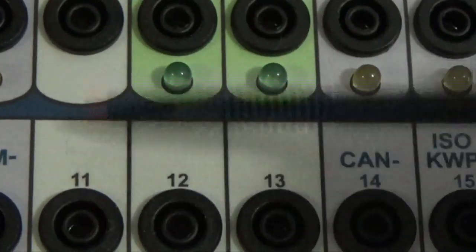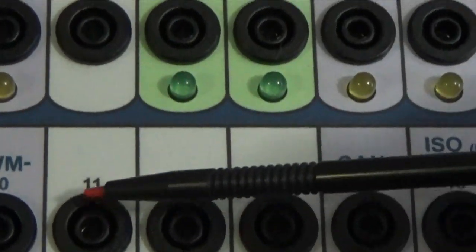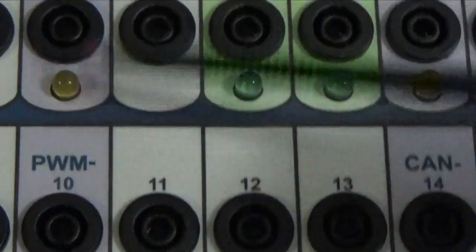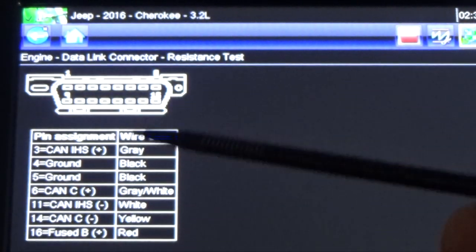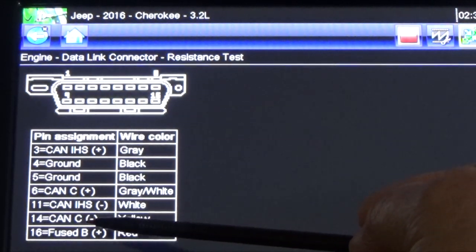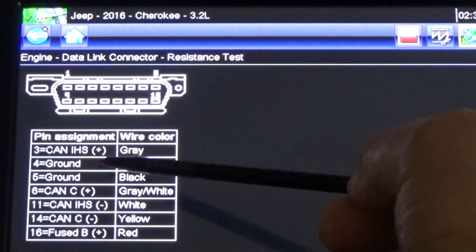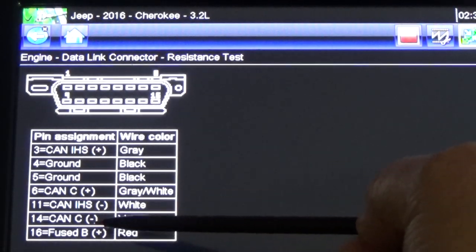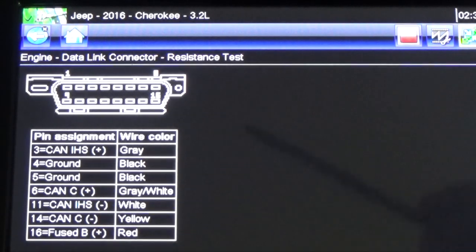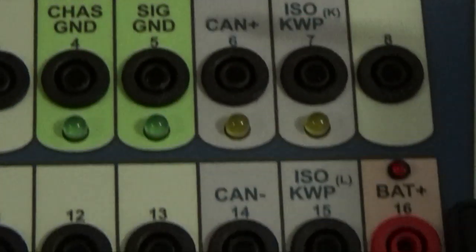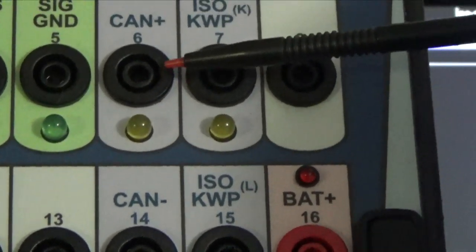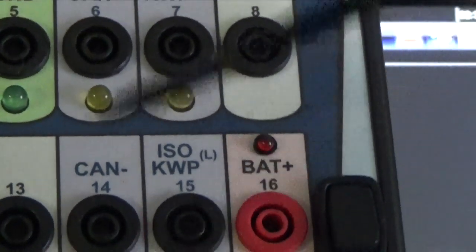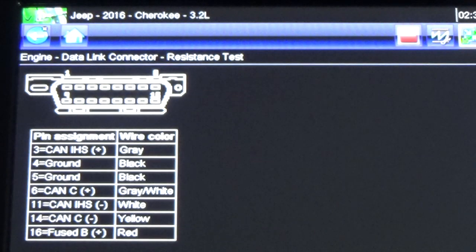That will be your CAN high speed. 3 and 11. Before, when I said these two, that is not correct. It's 3 and 11. And the other pair is 14 and 6. Those are the terminals you have to use to measure the resistance.